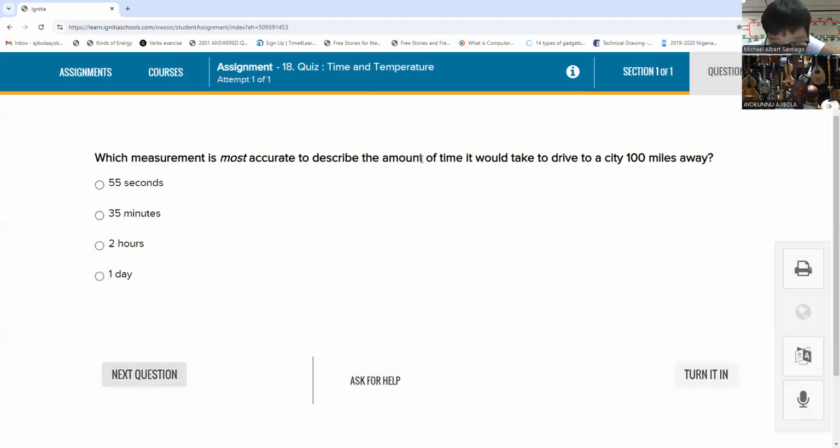Which measurement is most accurate to describe the amount of time it would take to drive to a city 100 miles away? It can be in seconds. It can be 35 minutes if it's 100 miles. So it may not even be in 2 hours.